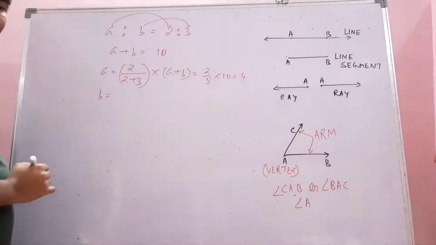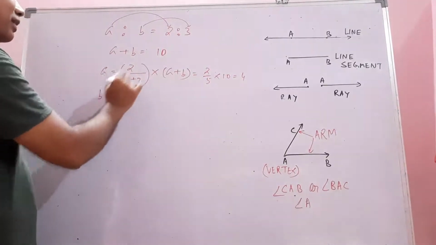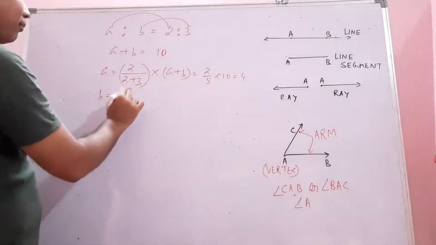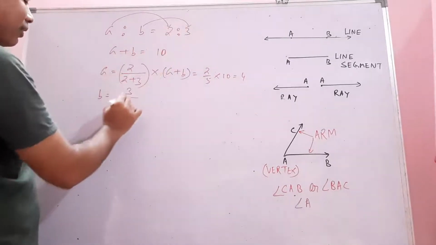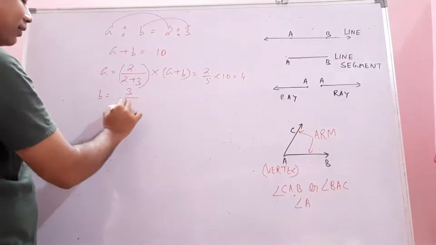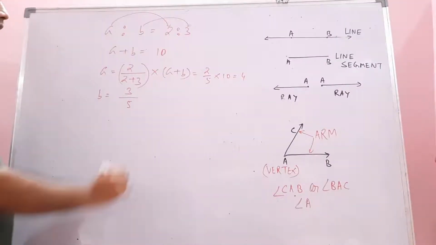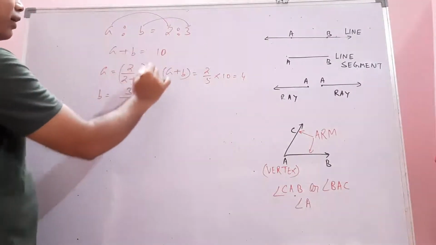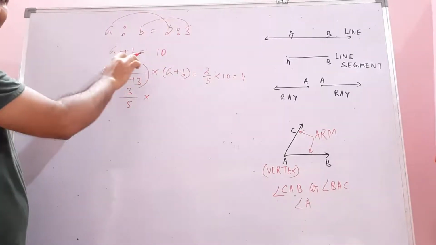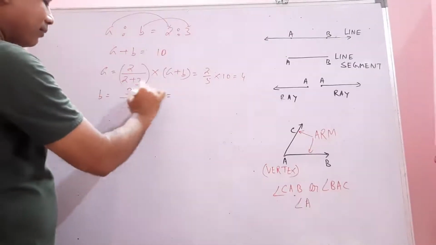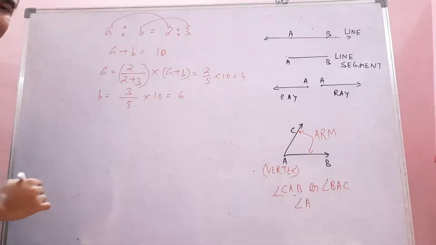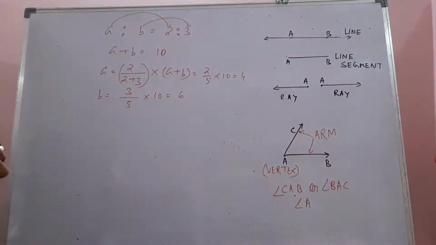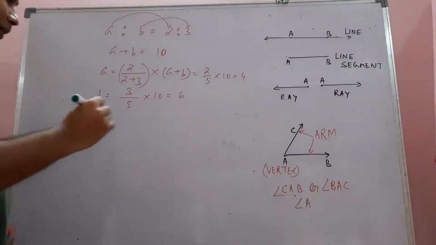A will be 4. To find B, same process: write the ratio of B divided by the sum of all the ratios, 2 plus 3 is 5, into the sum of the two quantities, 10. So it is 6.